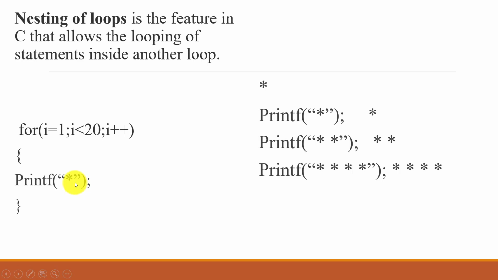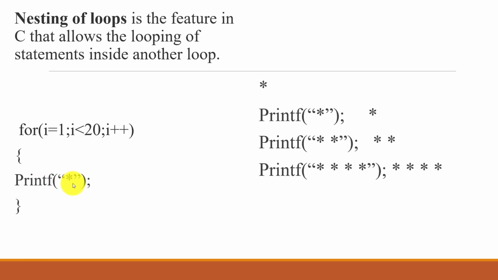Because i starts from 1 and goes up to 20, it gets incremented, so I put the updation part i plus plus, and inside this for loop the star is printed.